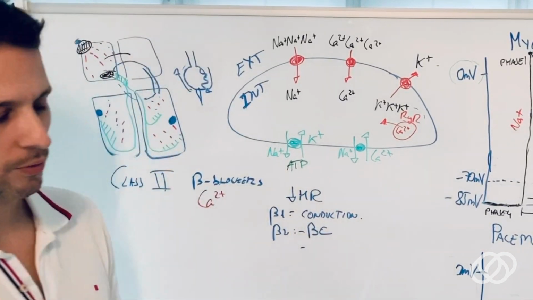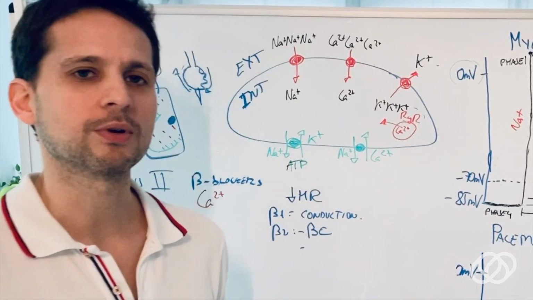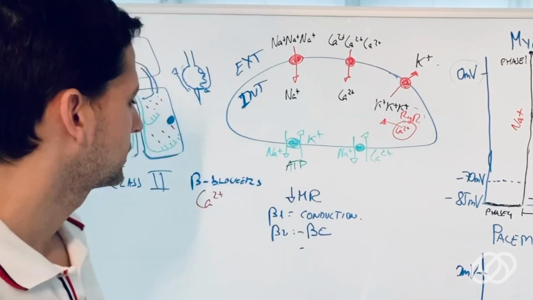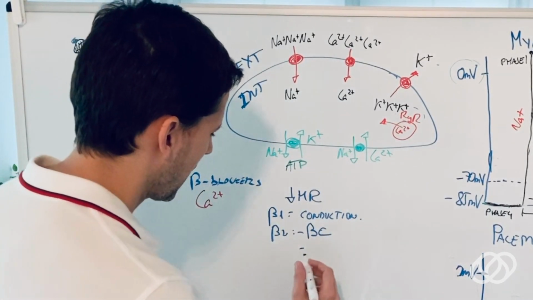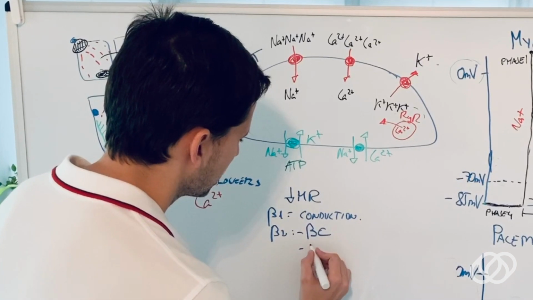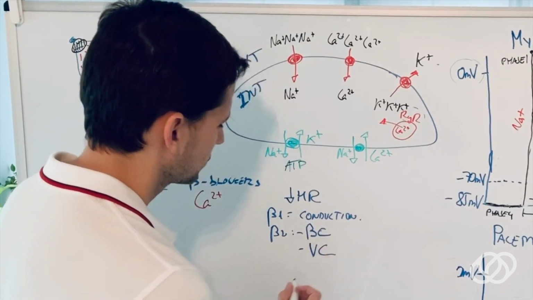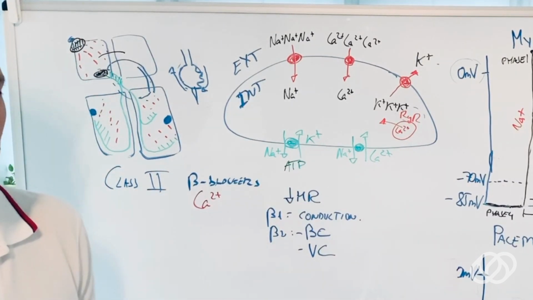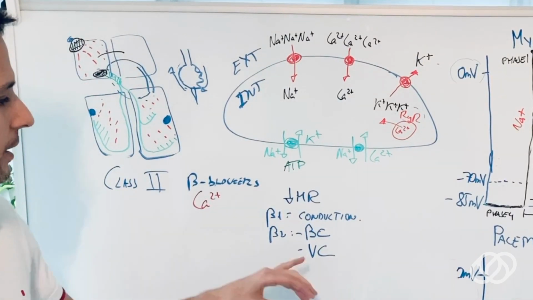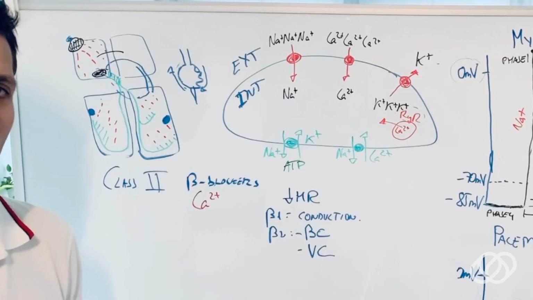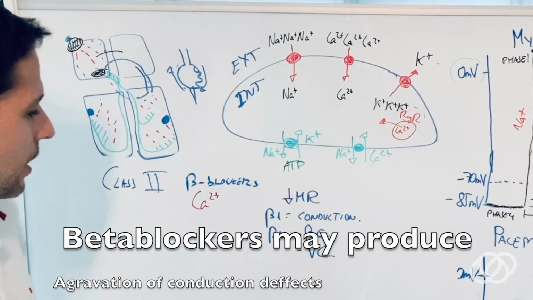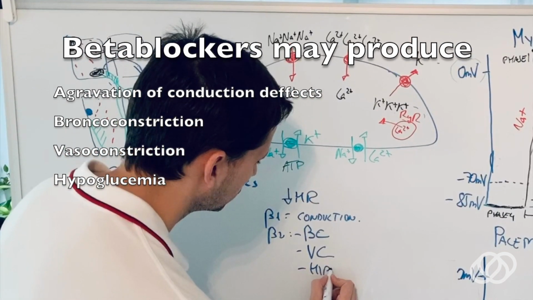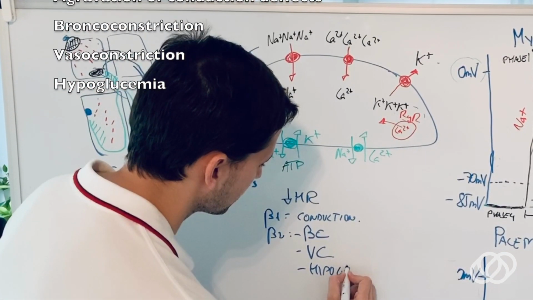We have to be careful with patients with COPD or asthma, and they are also able to produce vasoconstriction because they block the beta-2 receptors of the vessels, and they can also produce hypoglycemia.